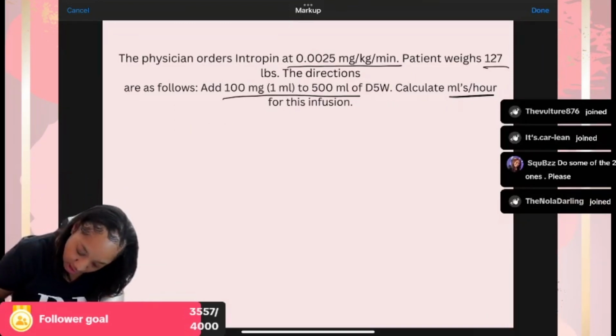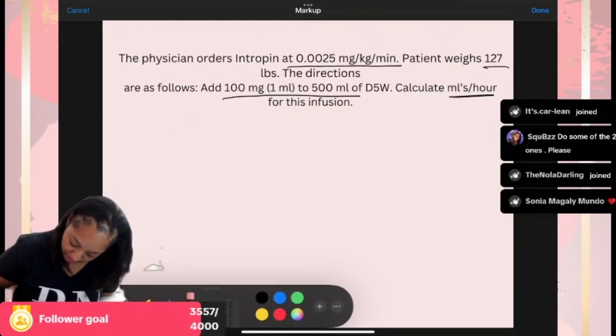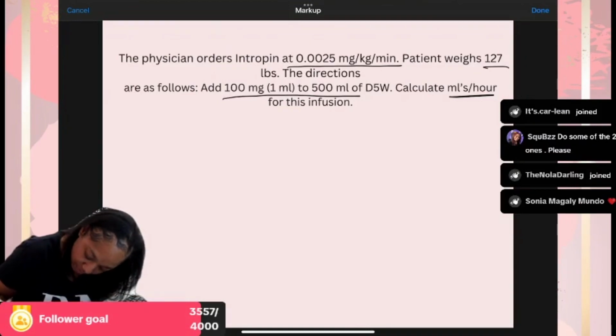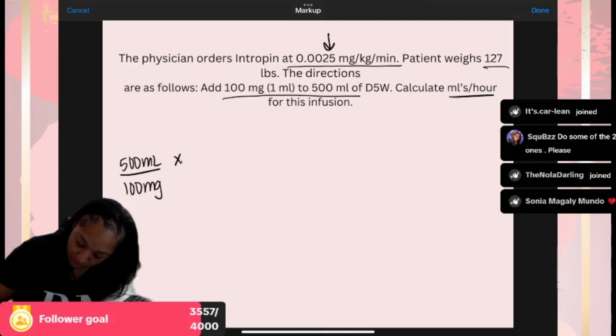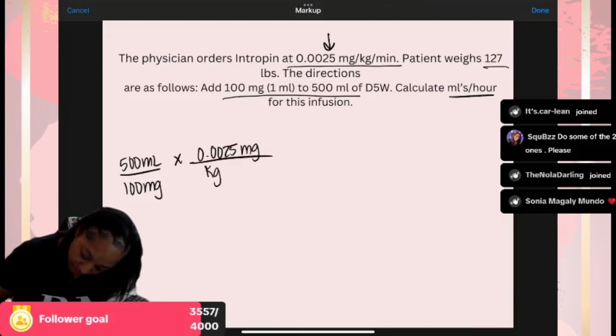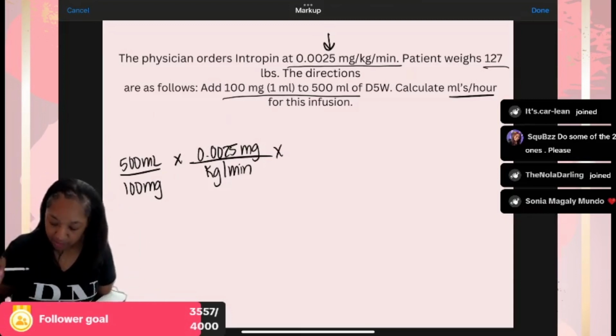Let's do it. 500, ooh, I'm starting too far over, I'm going to end up running out of space. My bad. 500 milliliters over 100 milligrams, okay? Then we're going to go to our order, 0.0025 milligram per kilogram per minute. Now we need two conversions because you got kilogram at the bottom and you got minutes at the bottom.